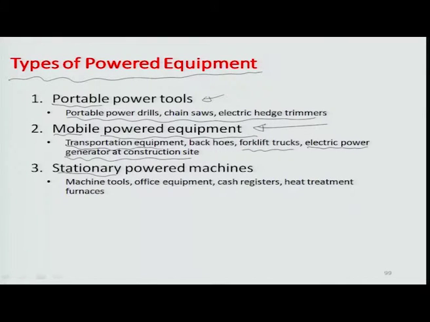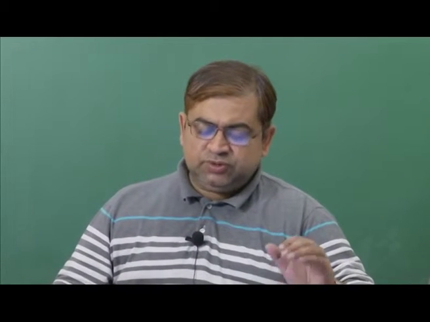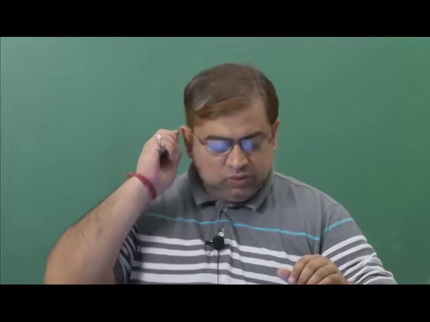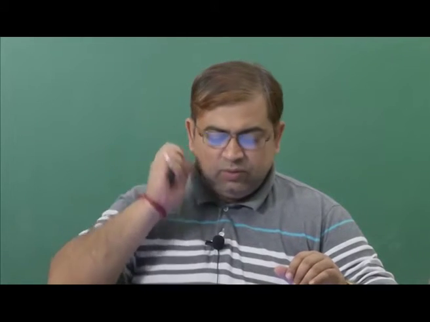Transportation equipment as such, all cars, buses, trucks, all railway systems, railway engines, they are all associated with a power unit which is in the form of an engine, or in the form of a generator, even sometimes smaller gas turbines, which would actually be able to go from one place to another in a chassis driven carriage, okay. So those are mobile powered equipments. So these equipments are typically used in a lot of heavy industry work.